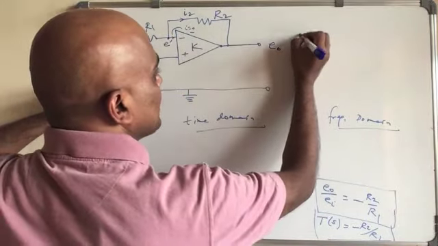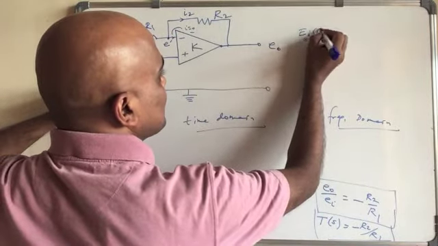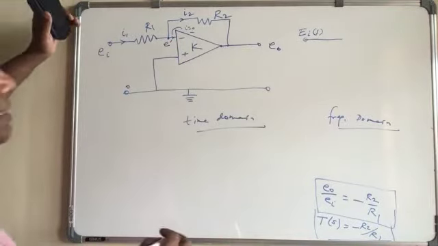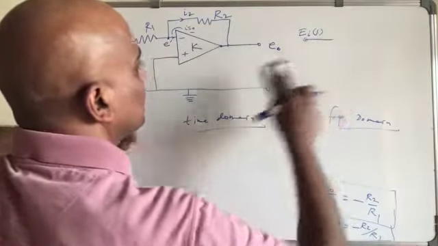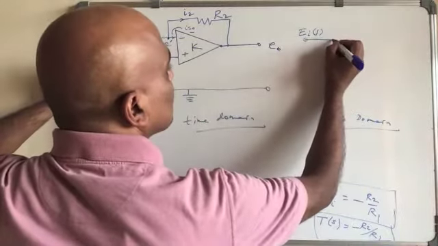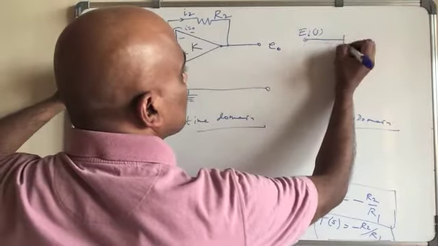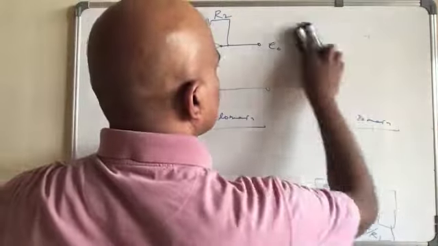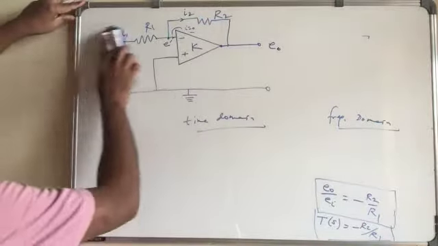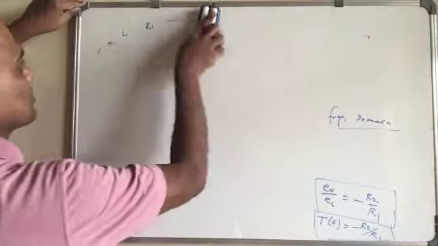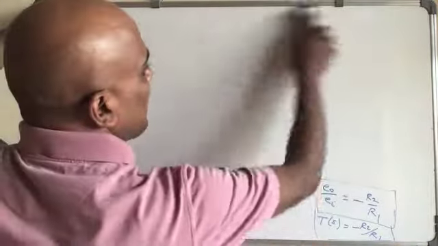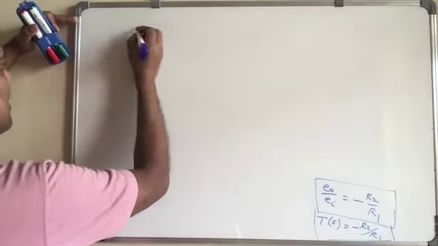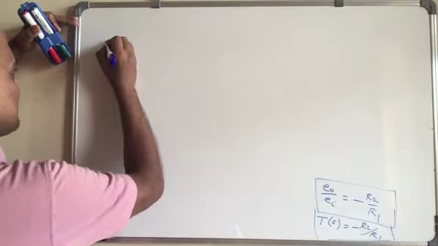And hence we will get here EIS, right? Okay, let me draw here. So directly I am drawing in the frequency domain now, and what do we have? The circuit remains similar.